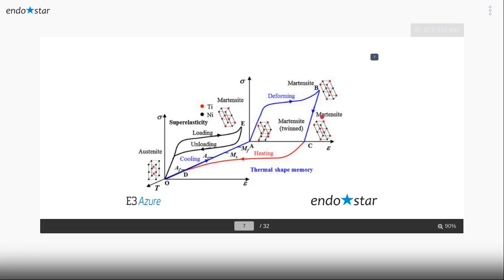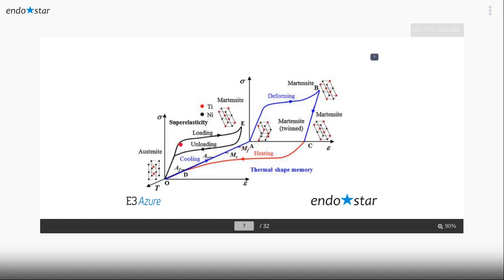But when you heat the file back again, which we can see happen in the manufacturer, sometimes done with a lighter, but for us, when you sterilize the file, it will return back to the austenitic phase, regain its shape, and the detwinned martensite comes back to austenitic. Then after cooling to body temperature or room temperature, it will return back to the martensitic phase, so we can use it again after sterilization, and it's still stable, but still can go under curvatures, deep canals, and calcification.